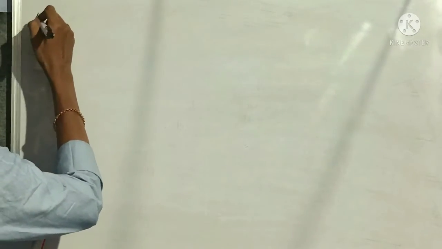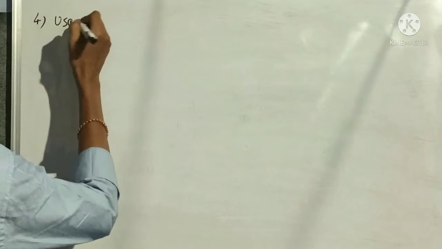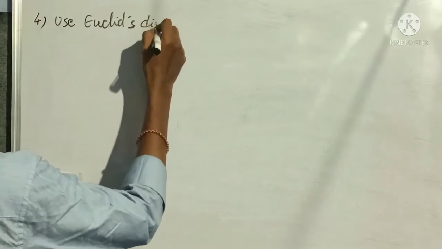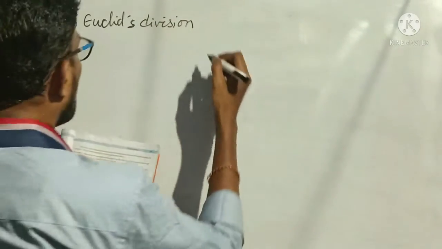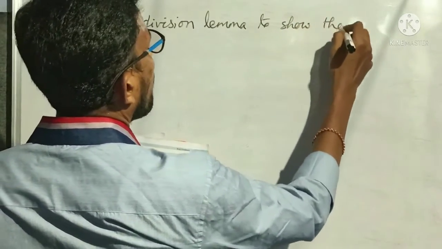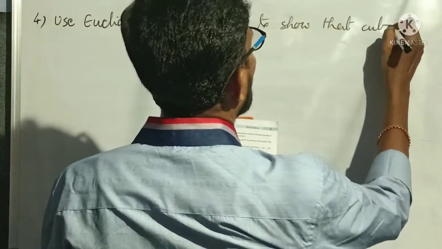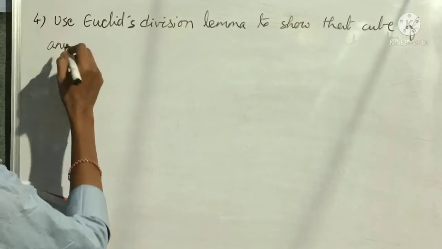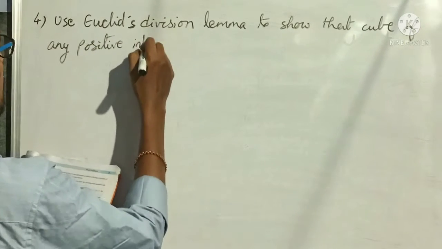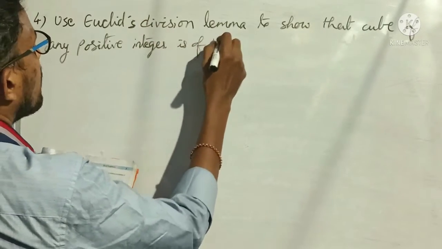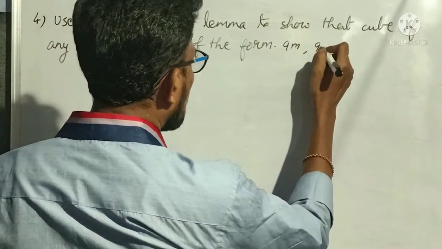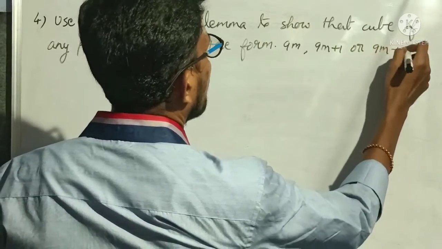Fourth question, use Euclid's division lemma to show that cube of any positive integer is of the form, okay, this is 9m plus 1 or 9m plus 8.